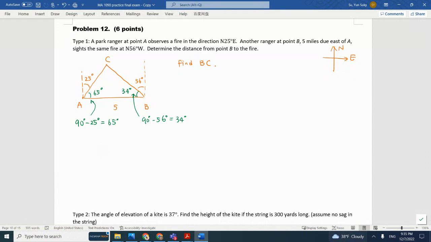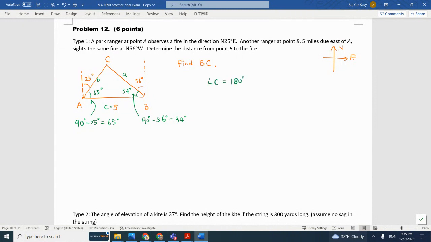All right. So we are looking for, let's give it some names. Opposite to angle A, call it A. Opposite to angle B, call it B. Opposite to angle C, call it C. So what do we know? We know angle A, angle B, and then we can find C, right?